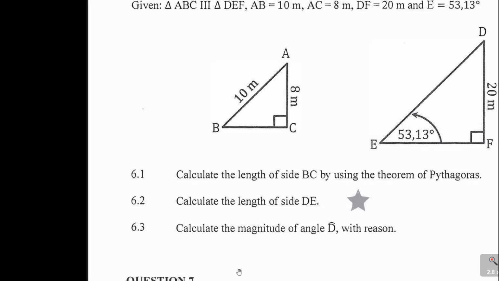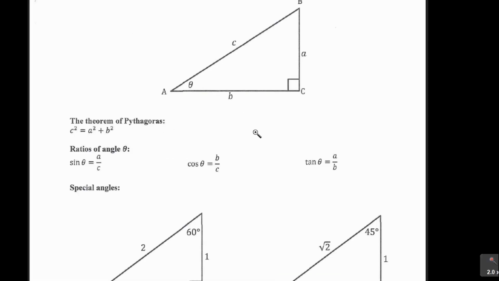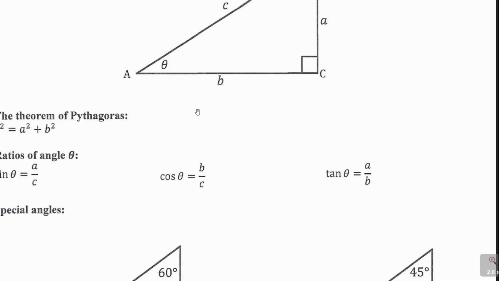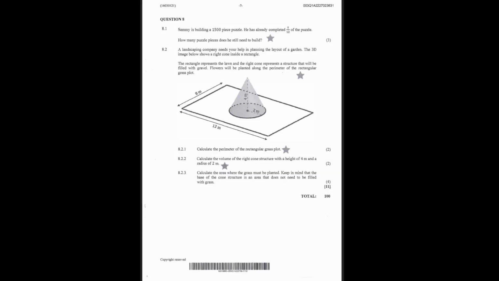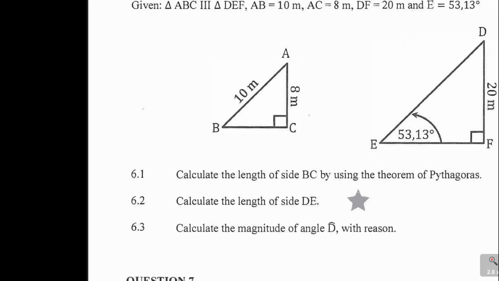So let's go to our formulas, because they are stating the theorem of Pythagoras, and they will give you that theorem. The theorem of Pythagoras says c squared is equal to a squared plus b squared. See that? So when you come to this question and you want to find that, look at the diagram here. Let me just convert this.